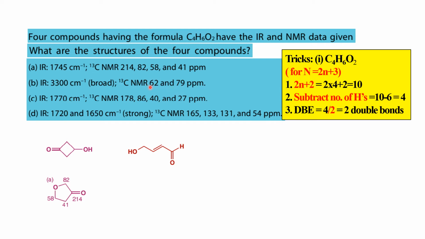Whenever there are only 2 peaks instead of 4 carbons, then this is symmetrical. You need to keep this in your mind. This compound is symmetrical. In the other 3 cases, 4 carbon peaks are there. But here only 2 carbon peaks are there, which shows it's a symmetrical compound.